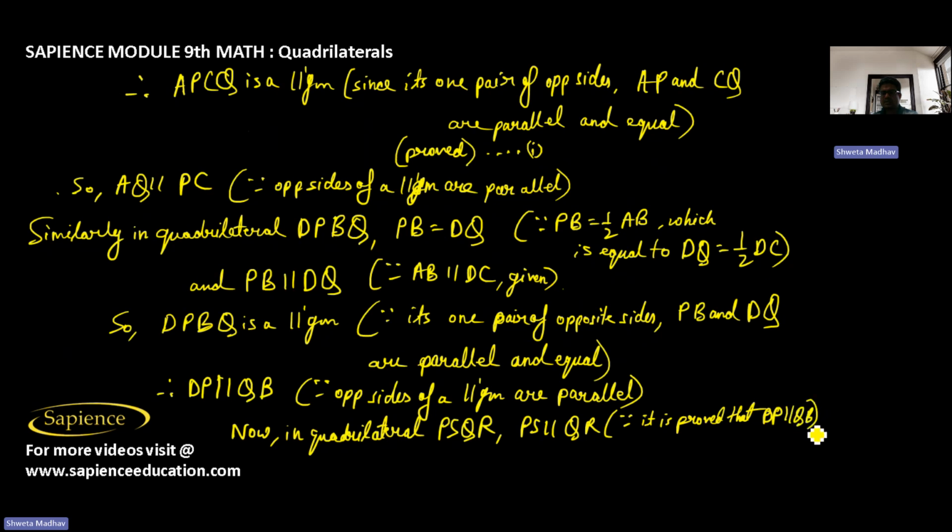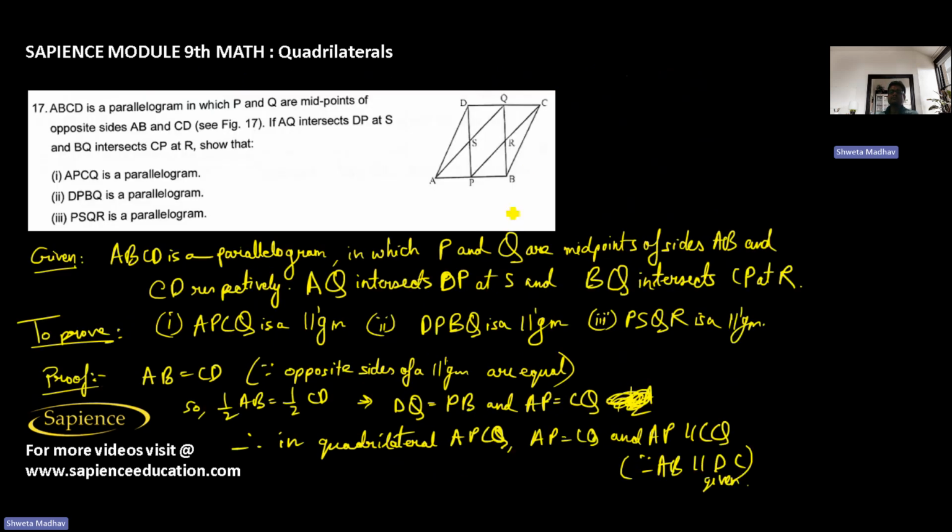So I can say that PS is parallel to QR, and also PR is parallel to QS.